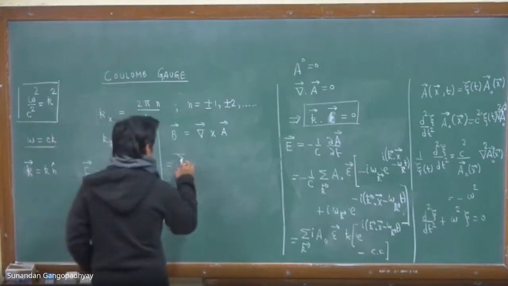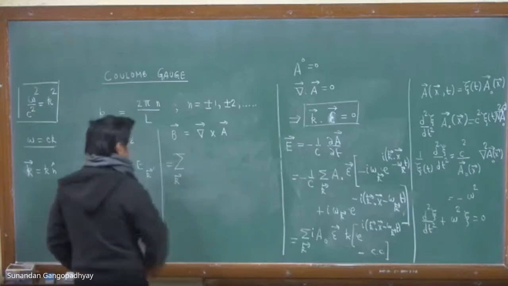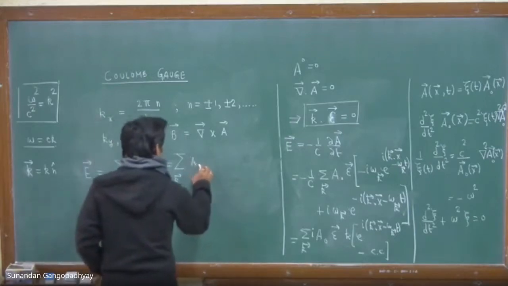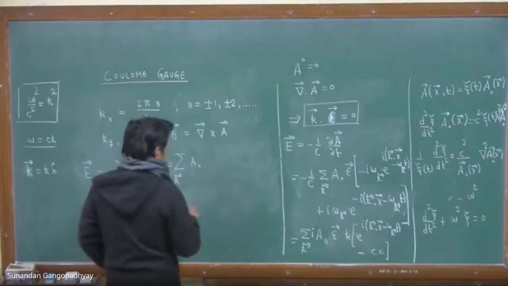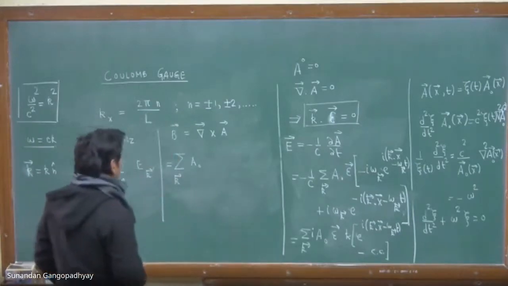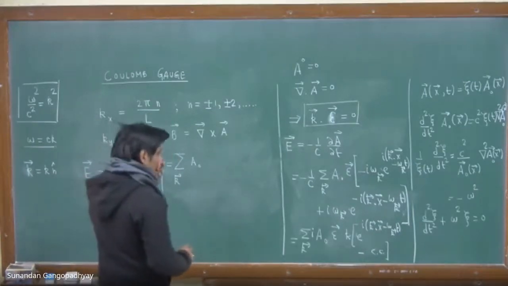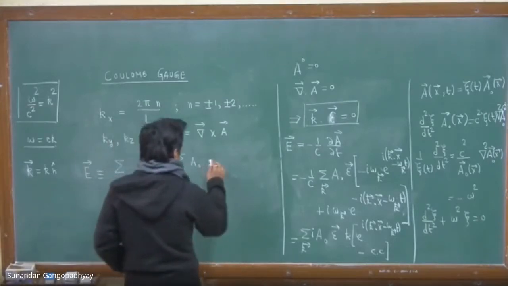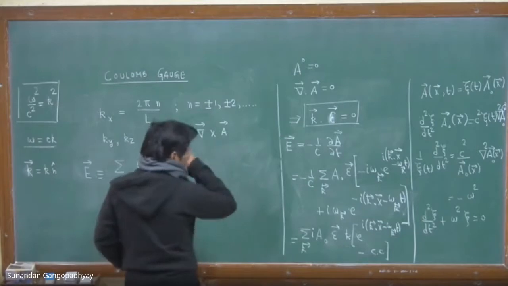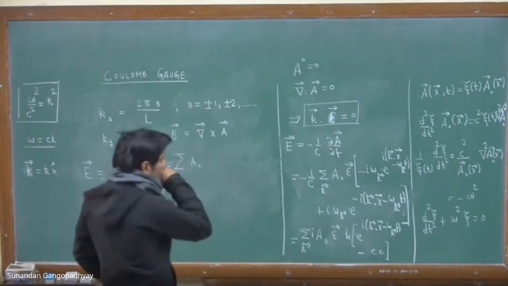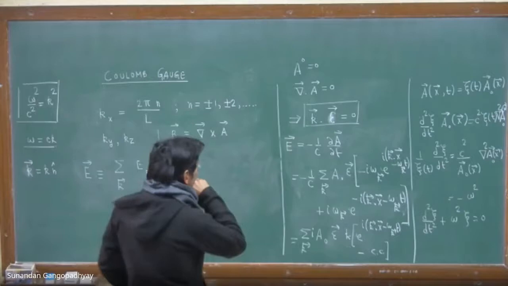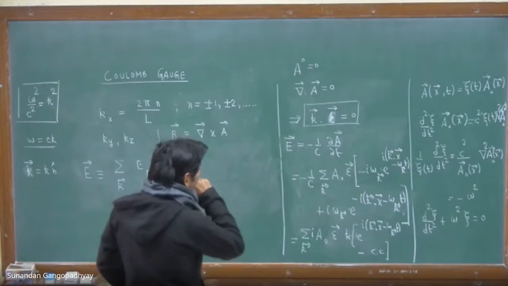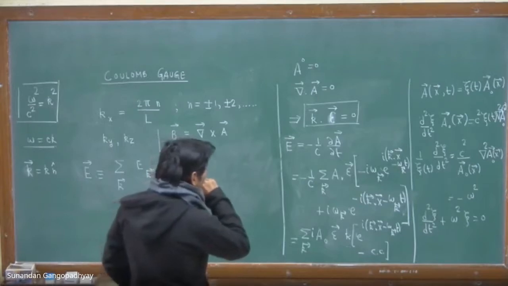Therefore, this will give us a summation over k, A0.